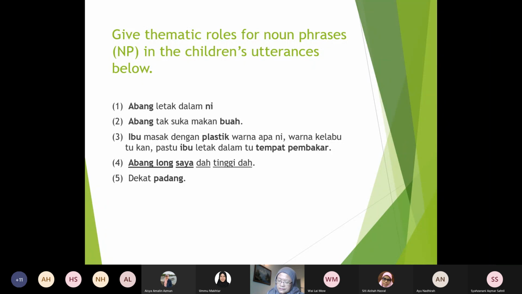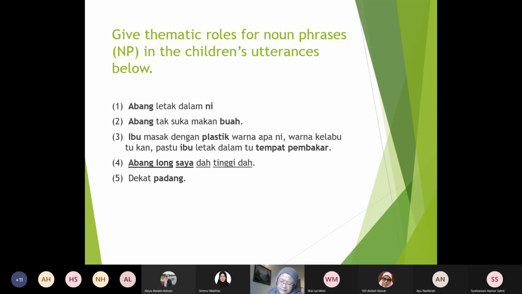The thematic role is goal. Wait, no. It's the object to the verb.